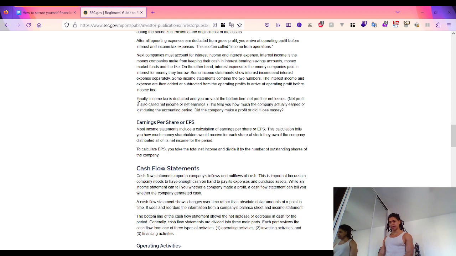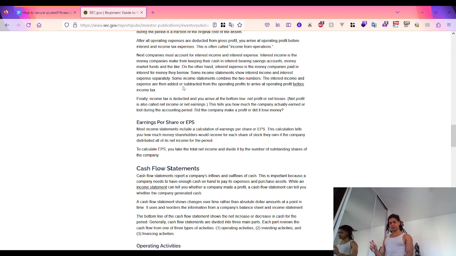So finally, income tax is deducted and you arrive at the bottom line: net profit or net loss. Net profit is also called net income or net earnings. Once you subtract or add the interest income and expense from the operating profit, you arrive at operating profit before income taxes, and finally you deduct the income tax and arrive at the bottom line.